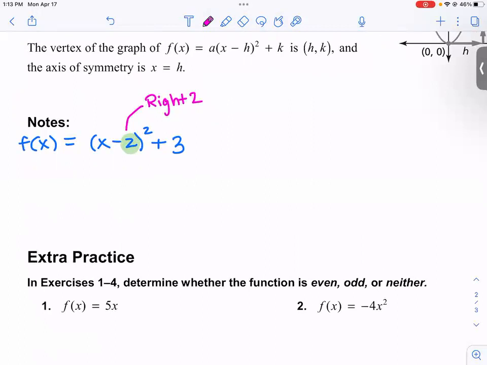It is X minus H. So if it's minus inside the square, we're going to the right. Okay. Now the up and down is normal. So look at this plus 3 right here. What direction are we going? Up. This is up 3. So our vertex is at 2, 3.